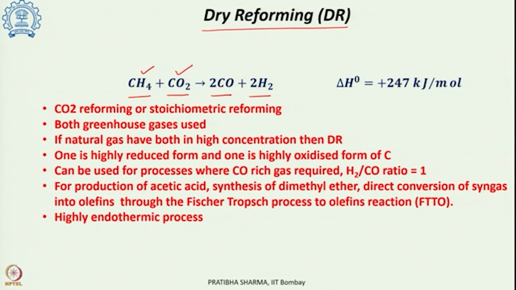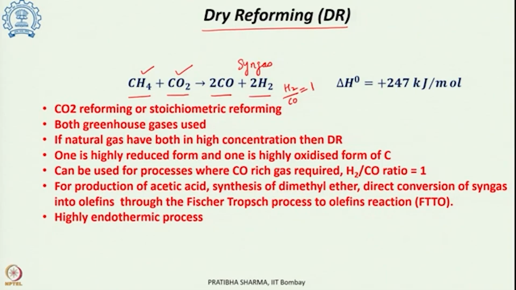One thing that needs to be seen here is that methane, which is a highly reduced form of carbon, and carbon dioxide, which is a highly oxidized form of carbon, are reacting together to give the syngas. The hydrogen to CO ratio, as can be seen, is 1, or it can be less than 1.